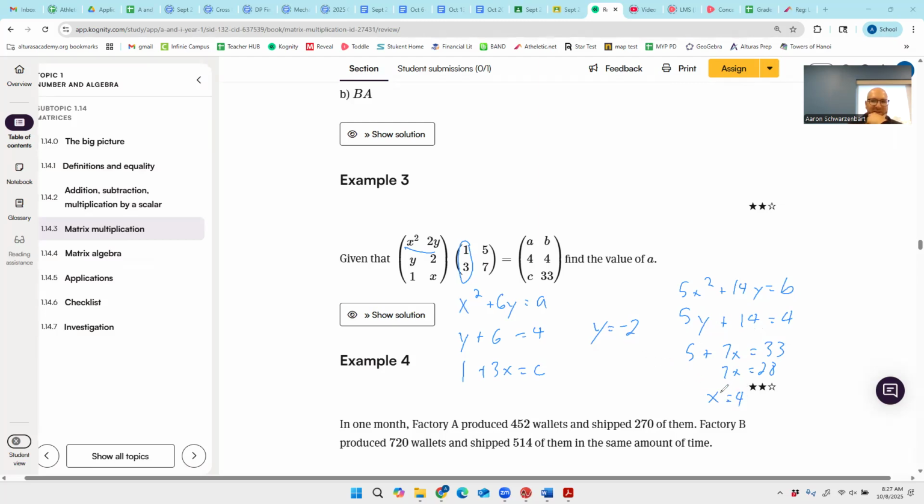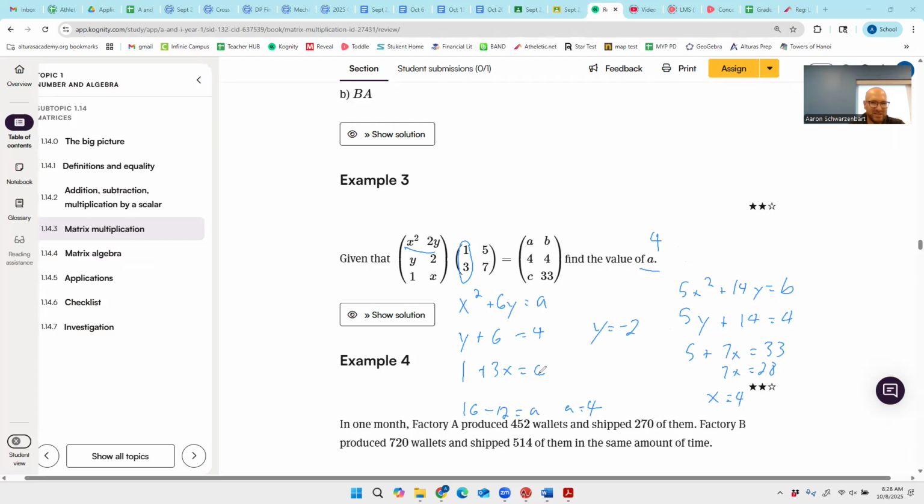So I have not found what they asked for yet. They asked for A. I have x and y, so I can get A. Yes, I have 16 minus 12 equals A. A equals 4. So you just gotta plug those in until you see it again. And I did all my multiplication. A equals 4. I can plug in and get B here if I wanted.